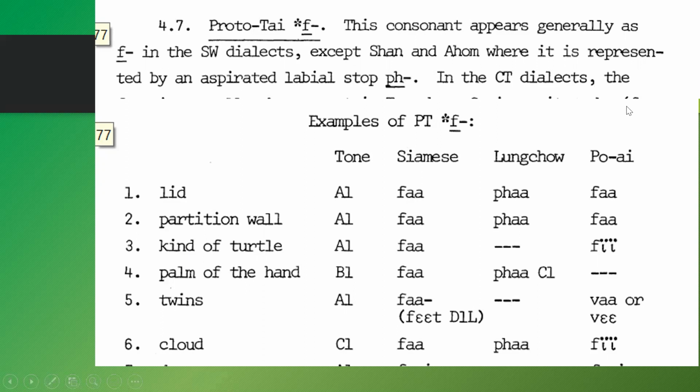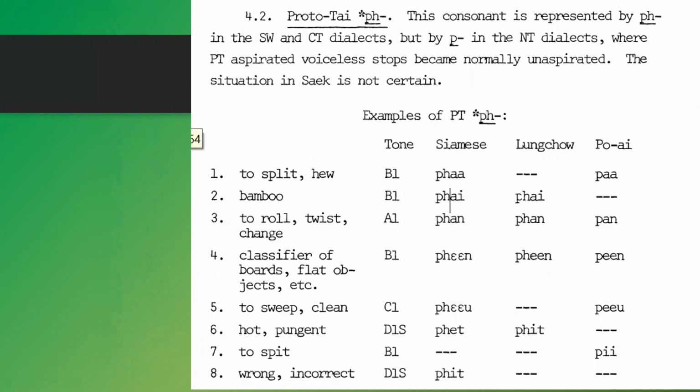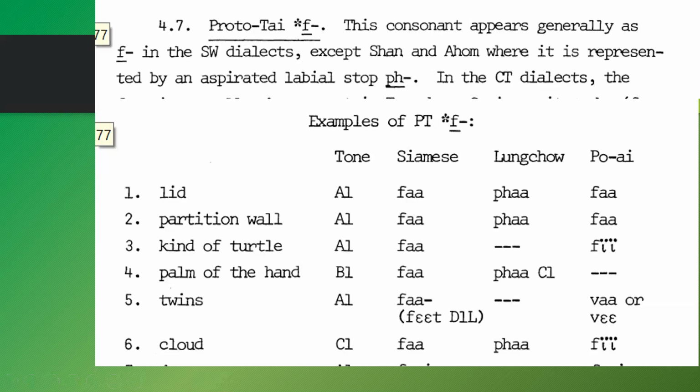And notice that in Lungchao, which is Central Tai, they also begin with PH. So for this particular set of two sounds, the Tai variety spoken in Shan state and also in Assam, the Tai Kamti, Tai Pake, Tai Aiton, and also the Tai Ahom followed the Central Tai pattern.